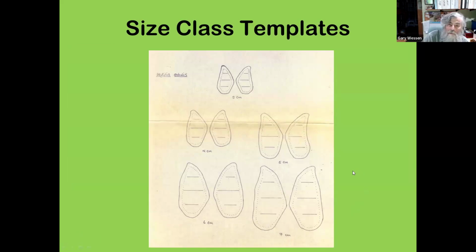And by the way, if there's anybody out there who is interested in using this technique and wants to use templates, I don't have them for all, but I have butter clams, horse clams. I'll make you a set, or you can make your own on the beach for whatever you want. But these templates allow you to separate into size classes before you do your left-right splits. And you can see there's a left-right for each one.